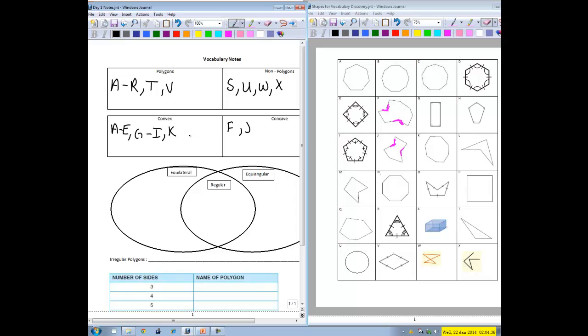K is convex. L, because of this point right here, is concave. M is also concave. So L and M are concave. N is convex, all the ends point out. O, because of this right here, is concave.